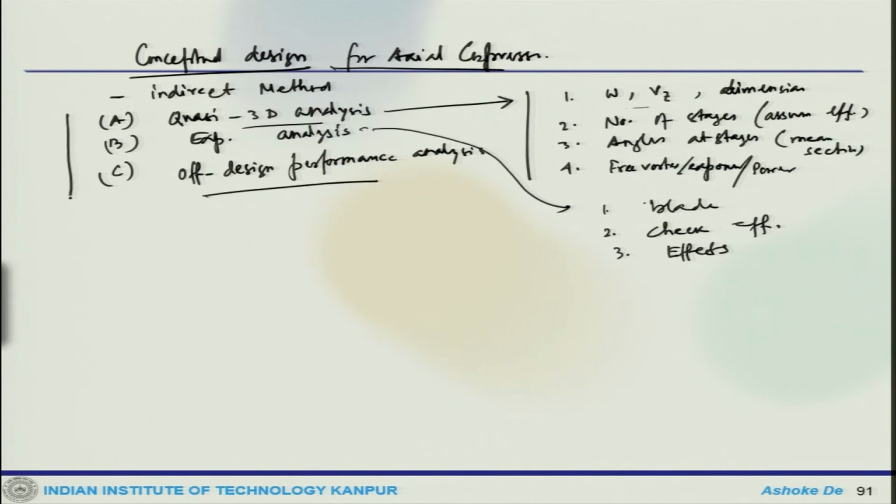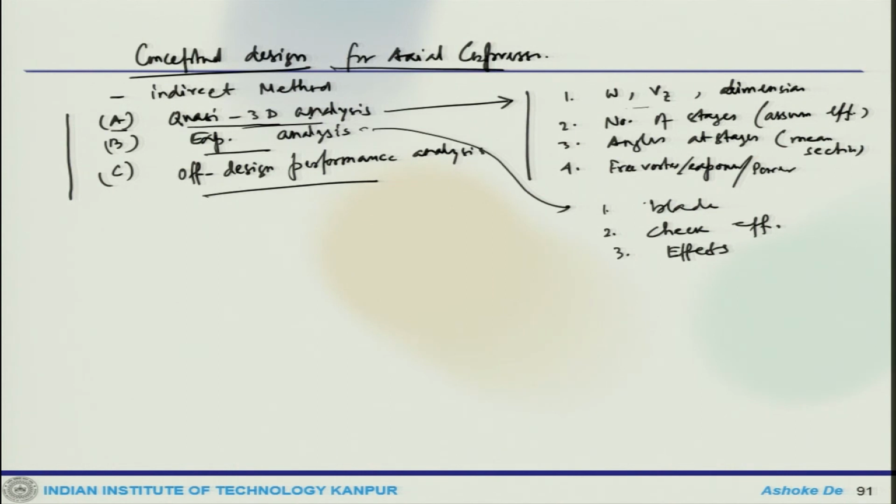So, essentially this kind of conceptual design in the compressor design goes in 3 different stages or steps. Step 1, you have quasi 3D analysis. Step 2, you have experimental analysis, and finally the off design performance analysis.